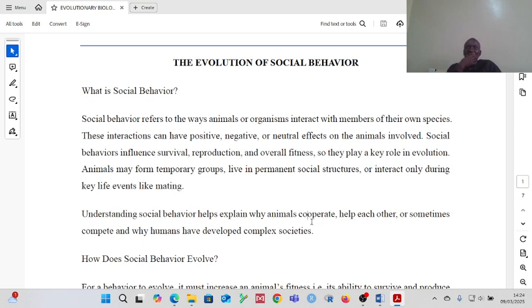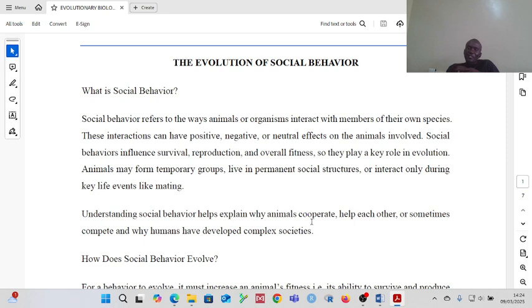So mostly, this interaction might influence survival, so how best members of that particular species survive. That interaction might also influence how they reproduce, and it might as well affect the overall fitness of the members of that species in question.